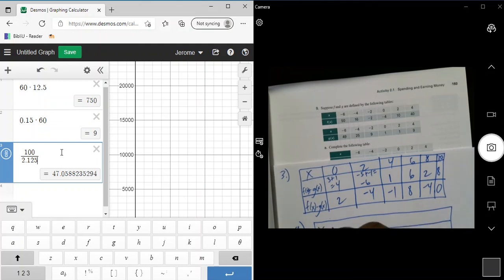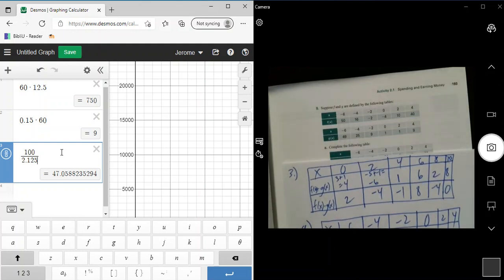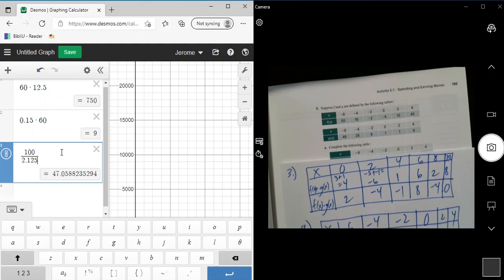So we have x, negative 6, negative 4, negative 2, 0, 2, and 4. And then I believe we only had one more. Yeah. So we had f of x minus g of x.